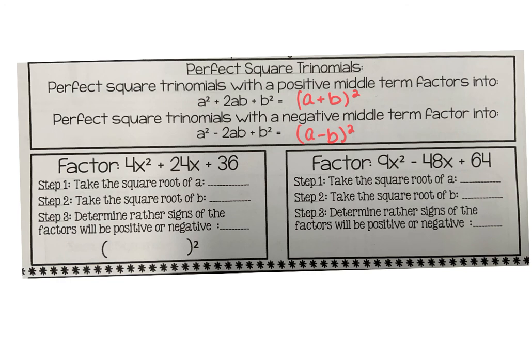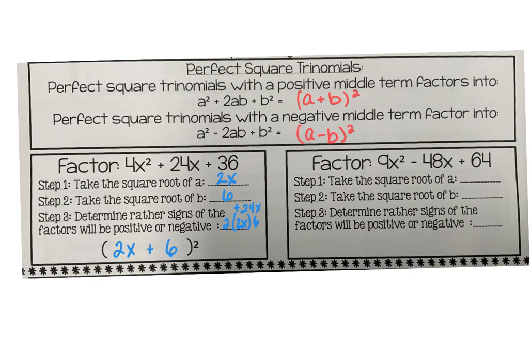So the square root of your 4x squared, which is 2x, and the square root of your b, which is 36, and decide if that is going to be positive or negative based on the middle term there. So 2 times 2x times 6 gives us a 24x, which is positive. So we're going to say 2x plus 6, quantity squared, would be my answer here.